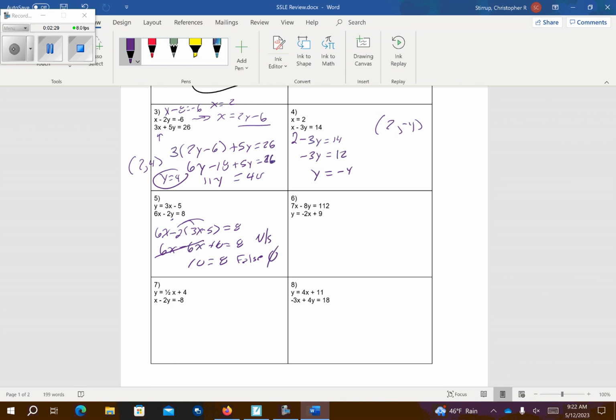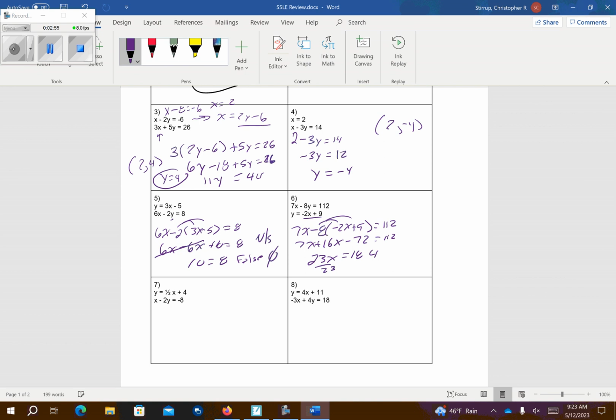Problem number 6, I'm going to plug this right into the y up above. So I get 7x minus 8, negative 2x plus 9 equals 112. Distribute over the parentheses, so I get 7x plus 16x minus 72 is equal to 112. Combine those together, that's going to give me 23x equals, and add 72 to both sides, so that's going to give me 184.